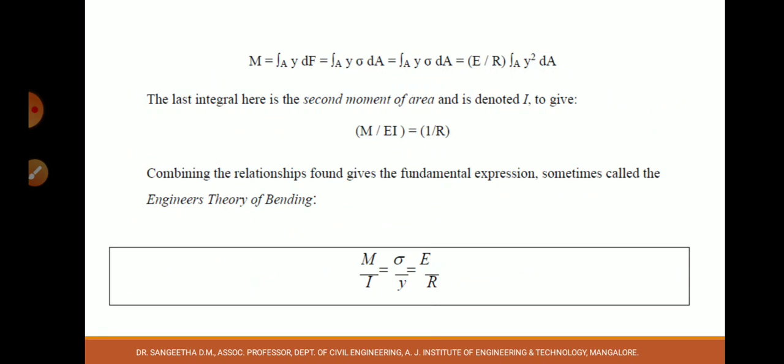The integral over the area of y square into dA is denoted by I. So, M by EI is equal to 1 by R. Combining all of this, M by EI is equal to 1 by R.